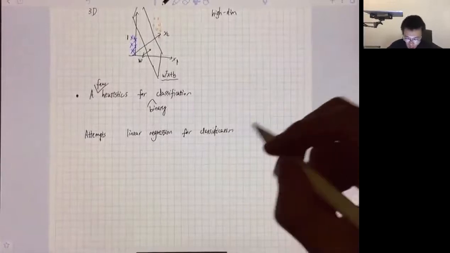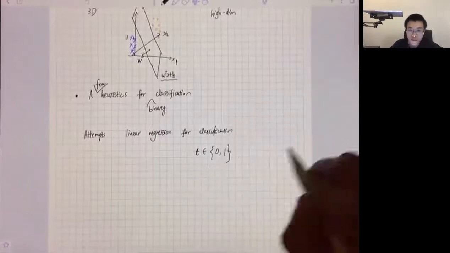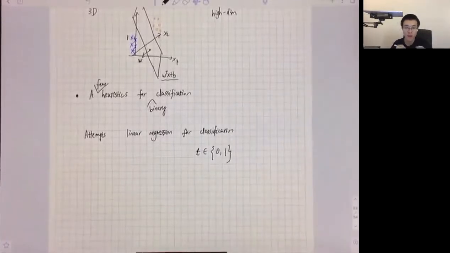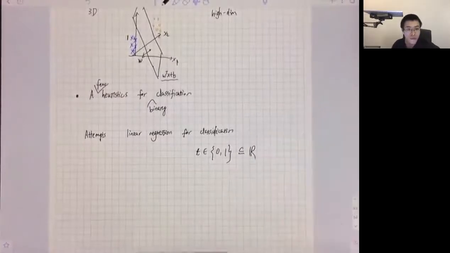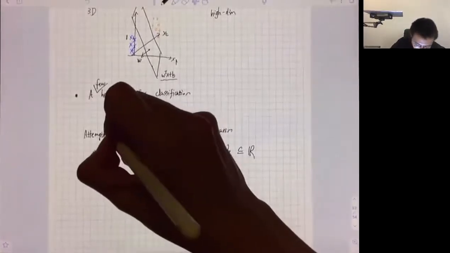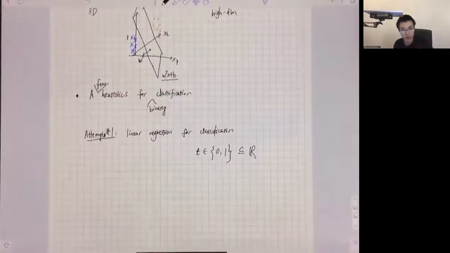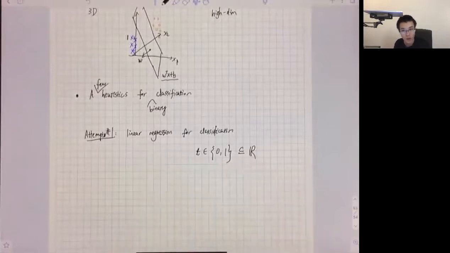The idea is, in binary classification, my target is either 0 or 1. But we know 0 and 1 are a subset of the real numbers. So if you apply a linear regression model to classification, the algorithm still works. You will not have any runtime error because the classification label is a subset of the real numbers. So it still works, but whether it will give you good performance is still questionable.